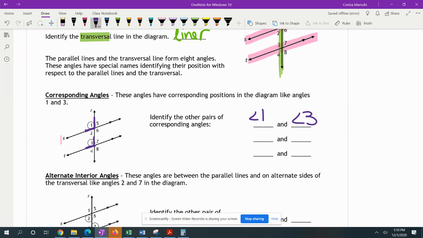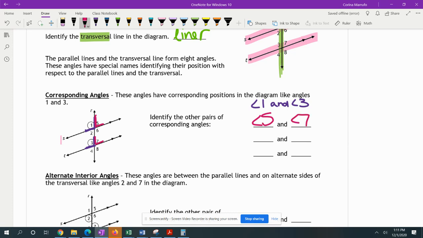It wants us to identify the other ones. Angle 1 and angle 3, these are considered corresponding angles. If we notice here, 5 is on the right side of our transversal, but still above our parallel line. So 5 would correspond to 7, angle 5 and angle 7.